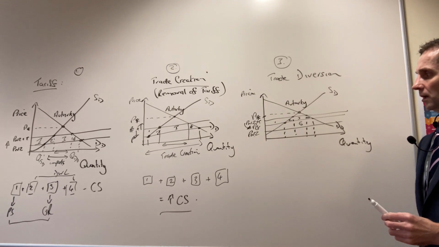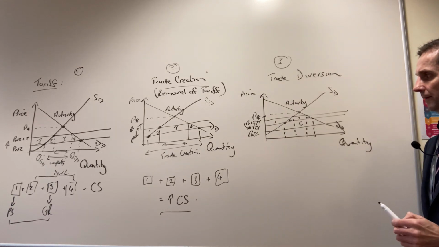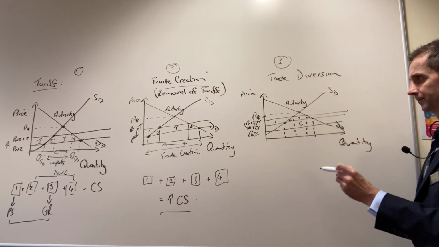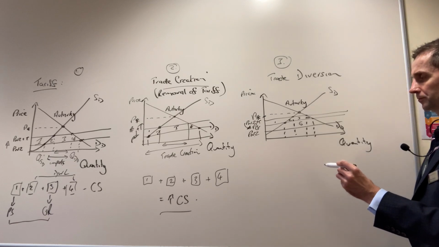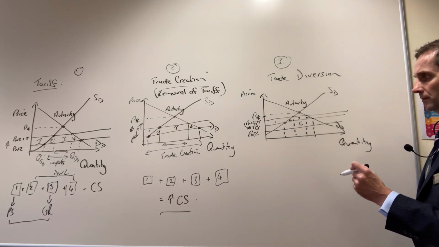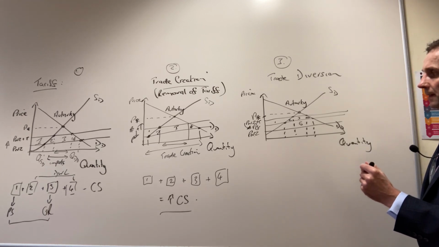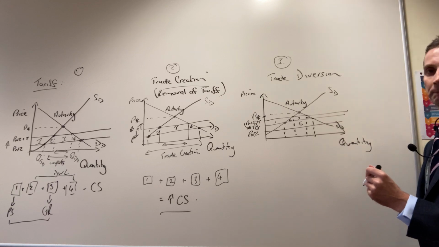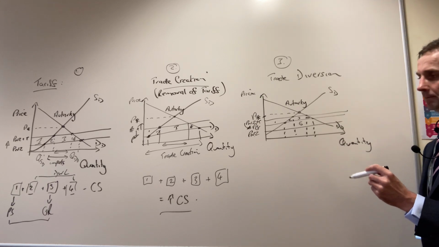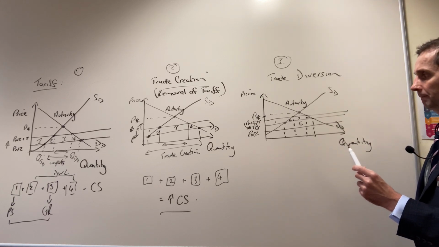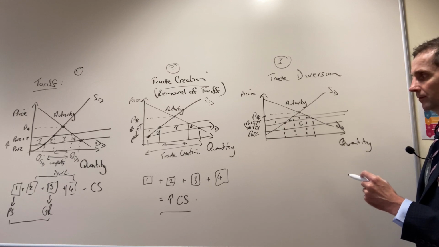So 3 and 5 is the loss of tax revenue. 1 is still consumer surplus, so it hasn't changed, has it? You said that if 5 is smaller than 2 plus 4, then it's a net gain as well. Yeah. What else to add?